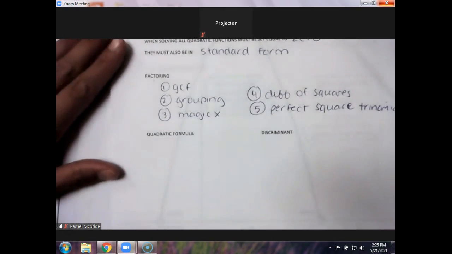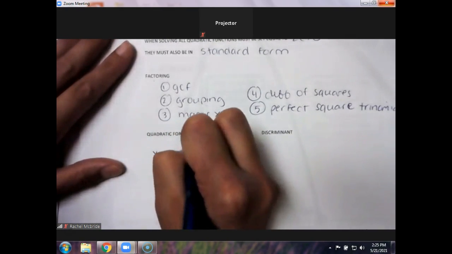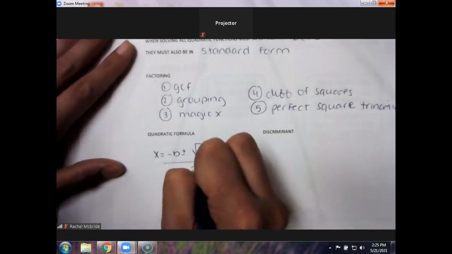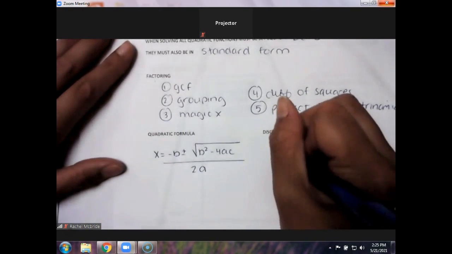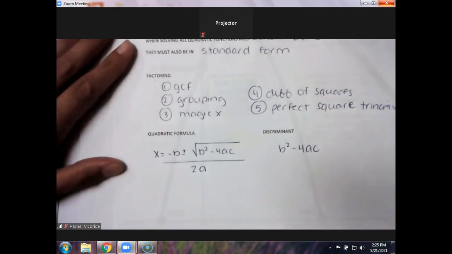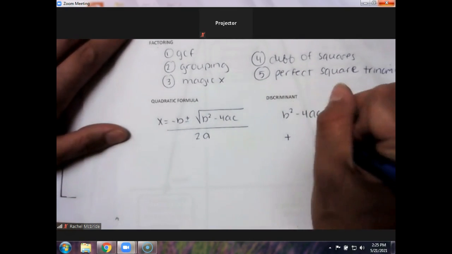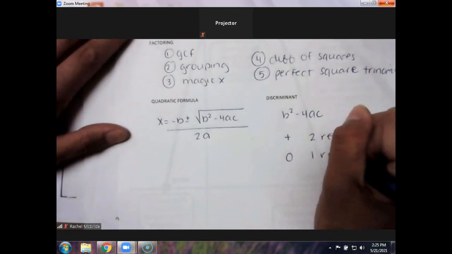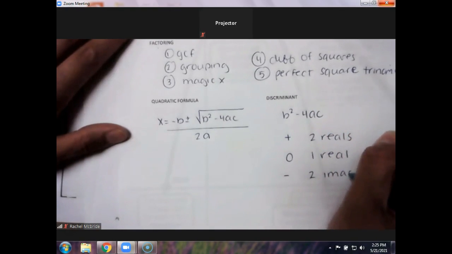You need to know your quadratic formula. The discriminant is b squared minus 4ac. With that, you need to know that if the discriminant is positive, it's 2 reals, 0 is 1 real, and negative is 2 imaginary.